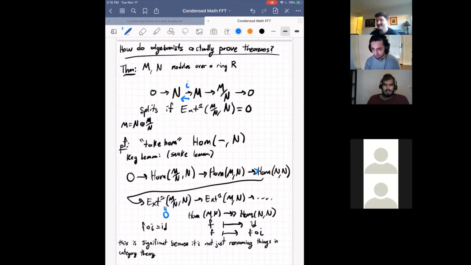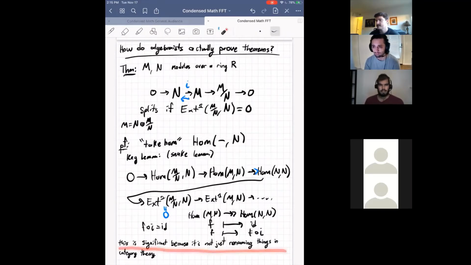Okay, so the significant thing, as I've written at the bottom here, is that when you're thinking about what we used to prove this, we used a trick. At the end of the day, it's this long exact sequence and the snake lemma, but it's something that, quote unquote, has content.